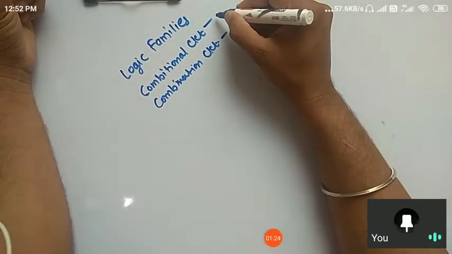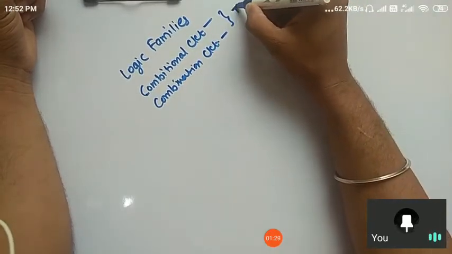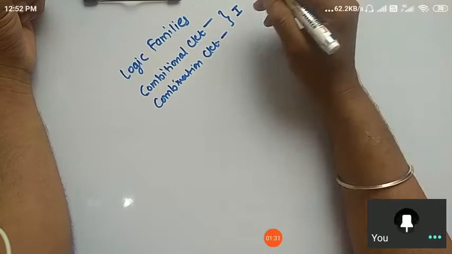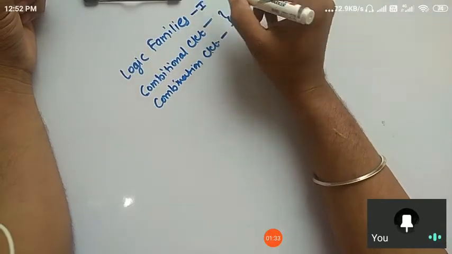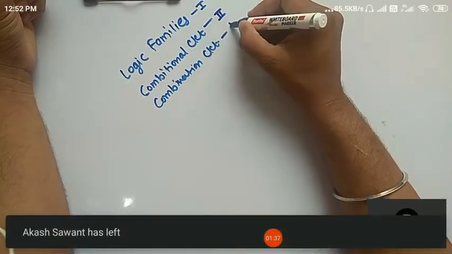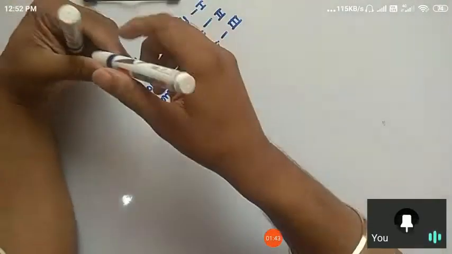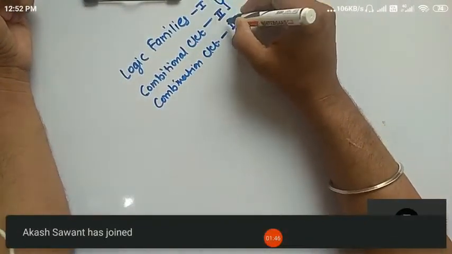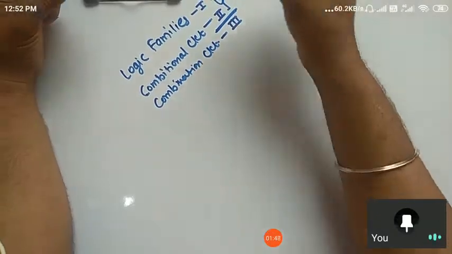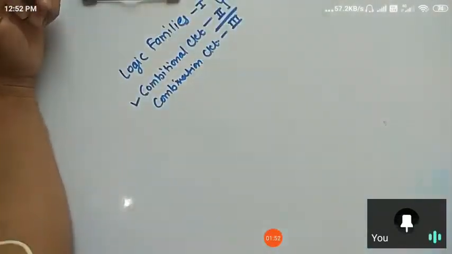Actually, as per the previous syllabus, this content was in unit number 1, but now as per the new syllabus this one is unit 1 and this one is divided into 2 units. This is second and this one is third. Okay, now, as we know that INSEM will be on unit 1 and 2, so we are going to cover what remaining content is of combinational circuits, that is unit number 2.